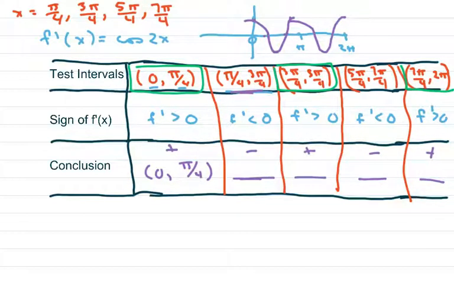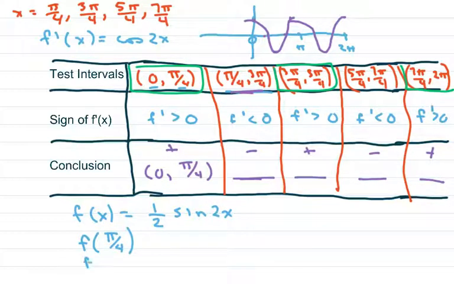Now for the maximum and minimum, we're going to plug in to our original equation, f of x equals 1/2 sine of 2x, and we're just plugging in our critical numbers. We're going to plug in pi over 4, and 5 pi over 4.